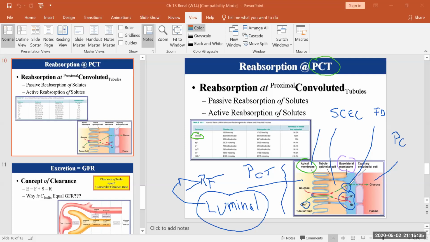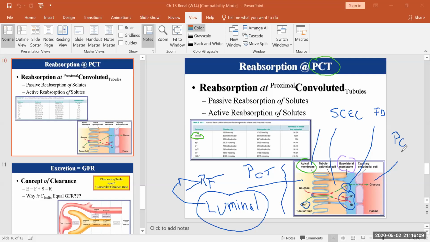This transport mechanism does not require cellular energy, does not require ATP. It is driven by the concentration gradient of glucose, which is higher in the cytoplasm of the simple cuboidal epithelial cell than in the outside interstitial space here. That's why glucose gets out and simply diffuses across this endothelial cell, the thin membrane of the capillary we call the peritubular capillary.